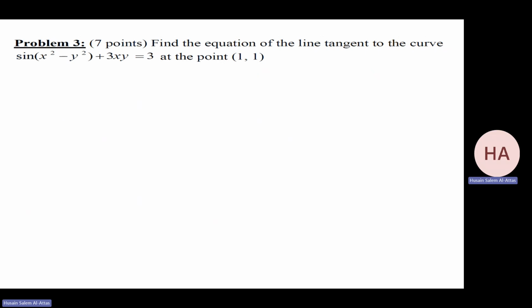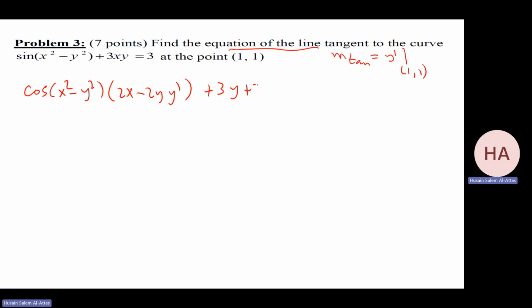Find the equation of the line tangent to the curve. You want the equation of the line, you need to find m tangent, which is y prime at the point 1, 1. Differentiate, that would be cosine of x squared minus y squared times 2x minus 2y y prime plus 3y plus 3x y prime equals 0. At 1, 1. That will be cosine 0, which is 1. That will be 2 minus 2y prime.